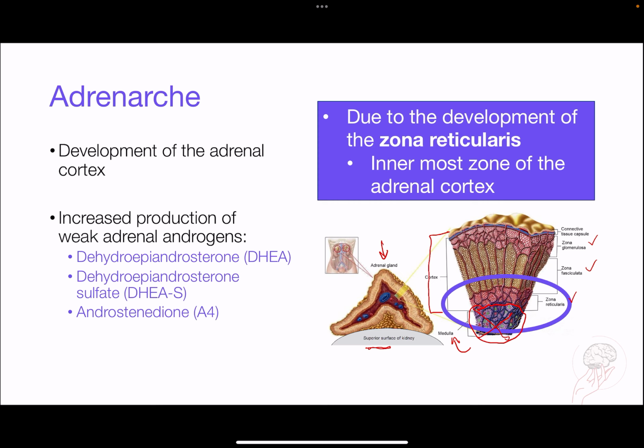They produce DHEA, DHEA sulfate, and androstenedione. And it is the development of the zona reticularis in particular that drives adrenarche. And this is the innermost zone of the adrenal cortex.